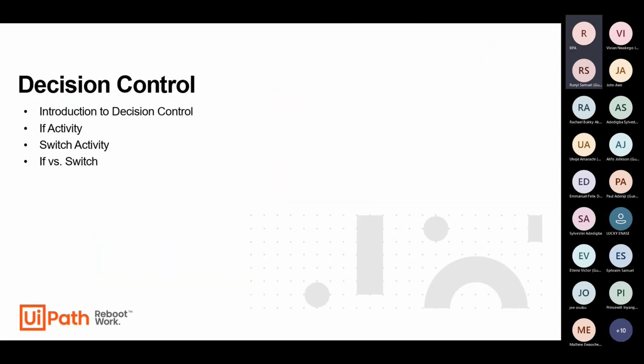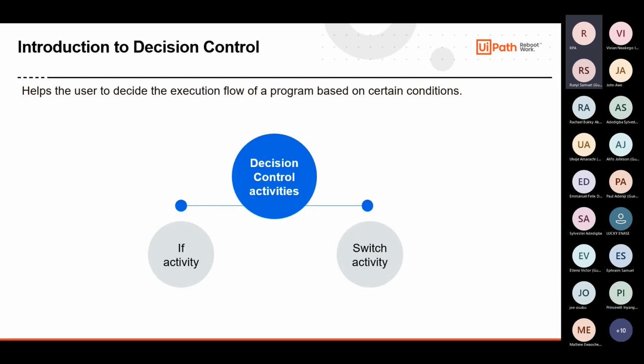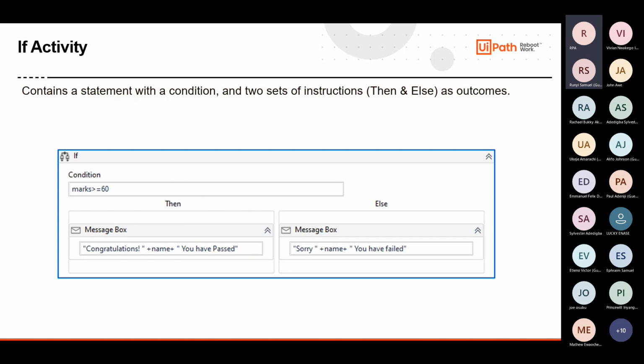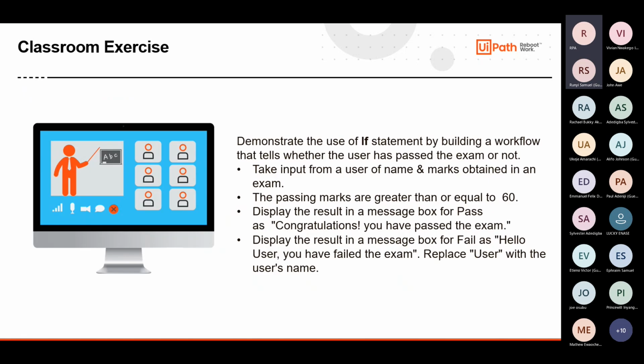This evening in decision control, we'll look at the if activity, and we also do hands-on, then we also look at the switch activity, and what they mean to us. So we don't need this; what we need is practical. We have this as our classroom exercise.